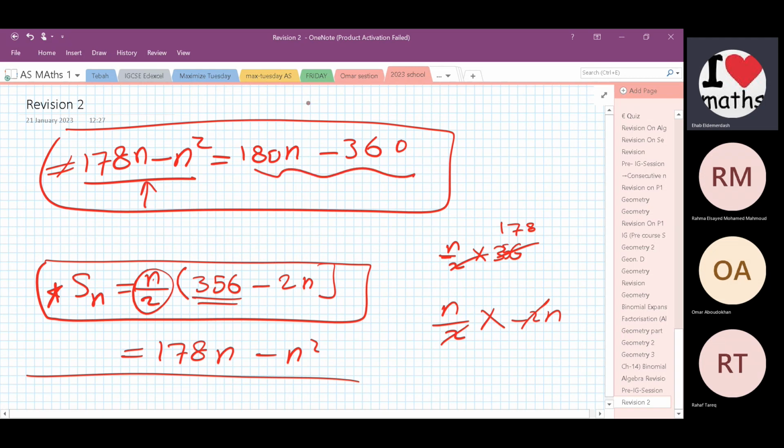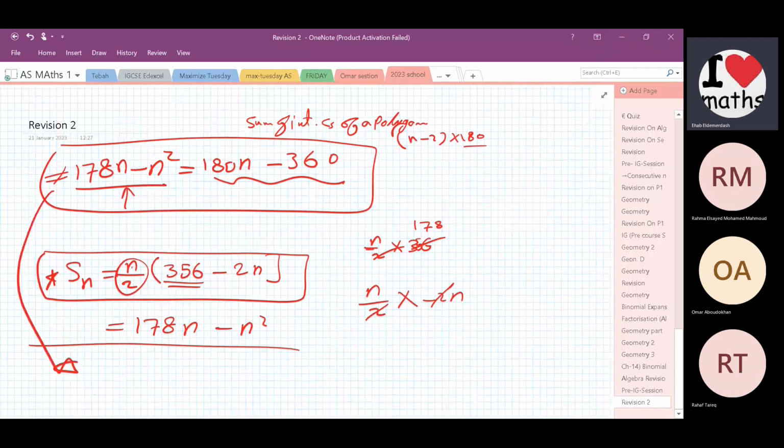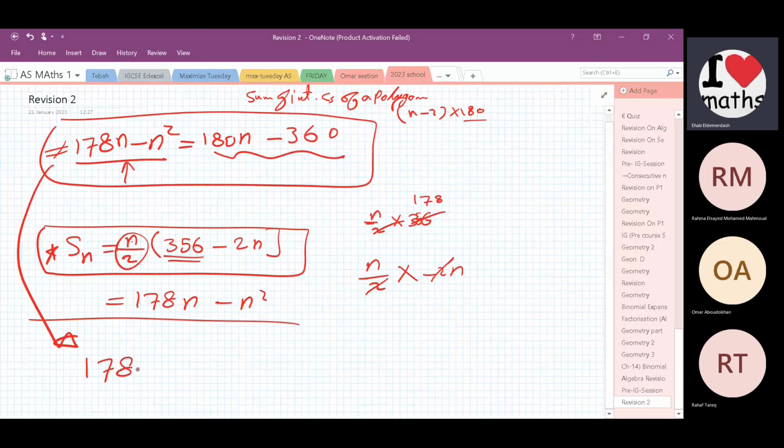Then the other part was the sum of interior angles of a polygon, which was n minus 2 into 180. Multiplying these together gives 180n minus 360. So after that we said 178n minus n squared equals 180n minus 360.